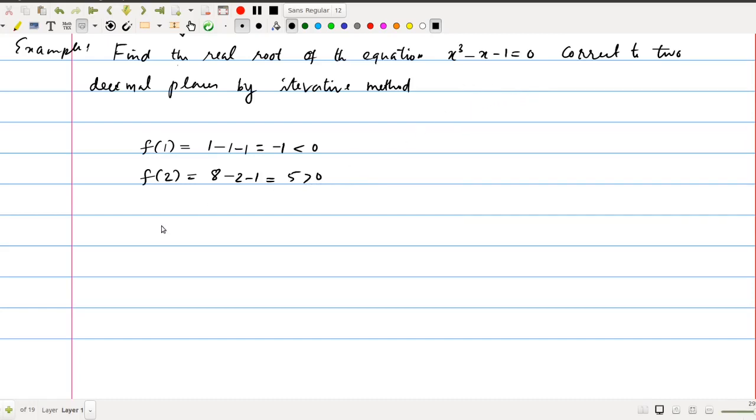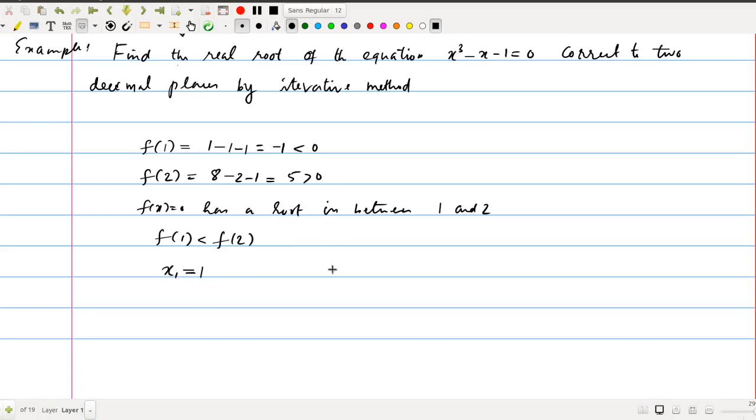Then f of x equal to 0 has a root in between 1 and 2. These are the two numbers, but f of 1 is negative and f of 2 is positive, so we take the initial approximation as x0, or x1, as 1.